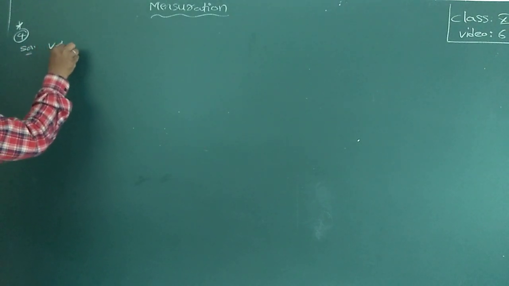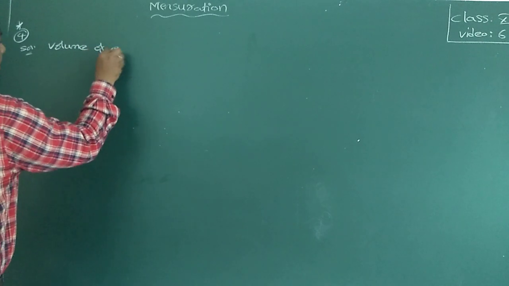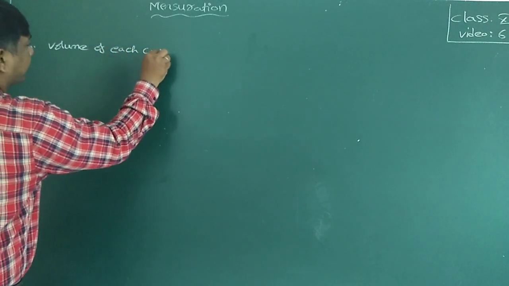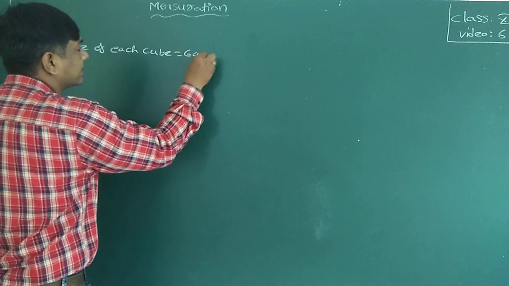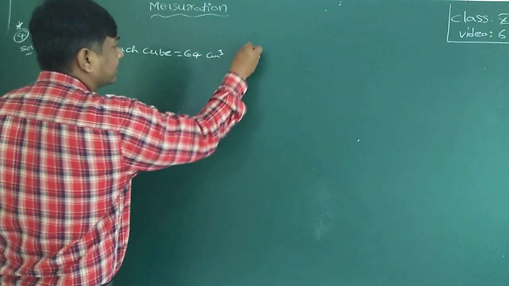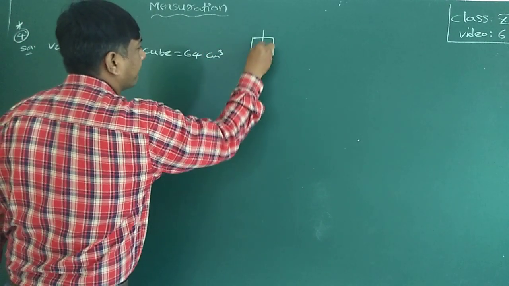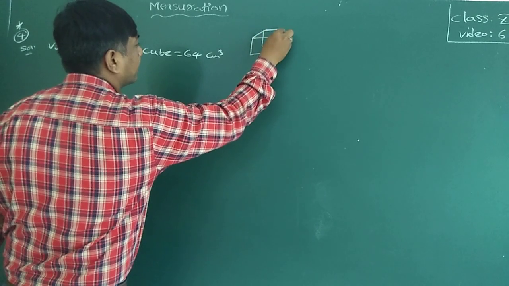Volume of each cube is equal to 64 cubic centimeters. This is a cube. There are two cubes.